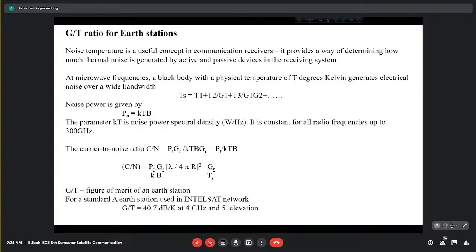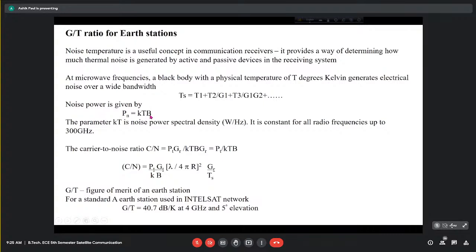Then, at microwave frequencies, we know this basic physical concept that a black body having a physical temperature of about T Kelvin generates electrical noise over a wide bandwidth, and that noise power is given by the product of Boltzmann's constant, this capital T, and the bandwidth.